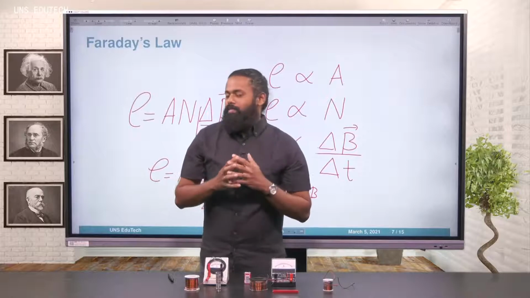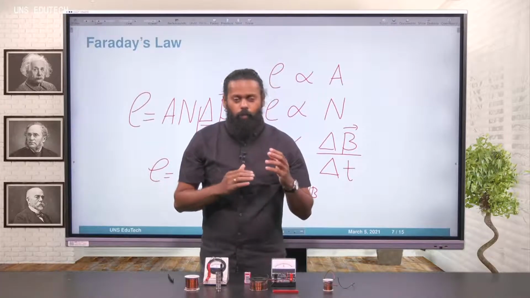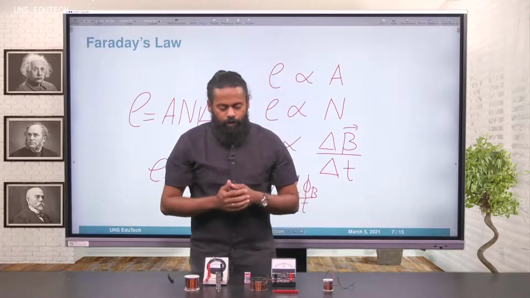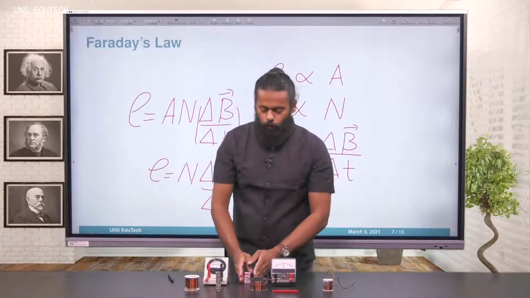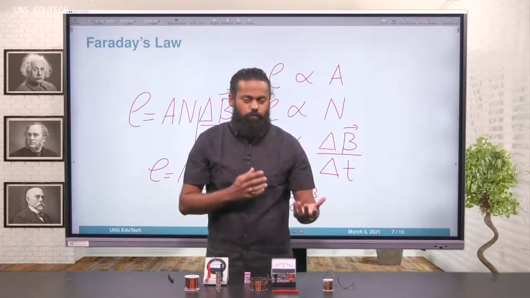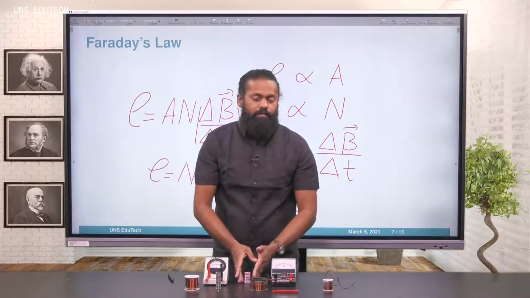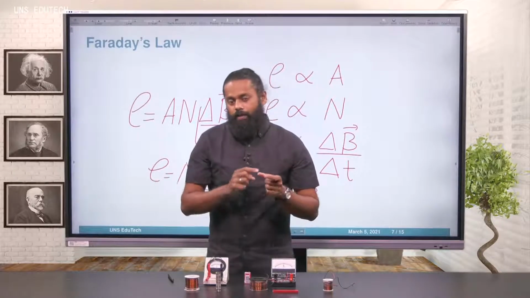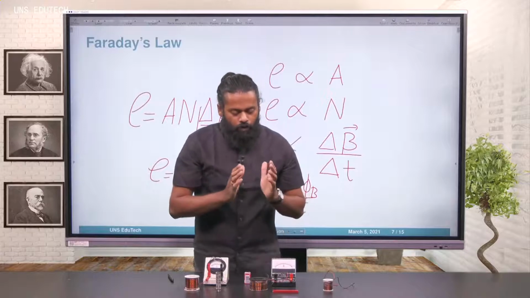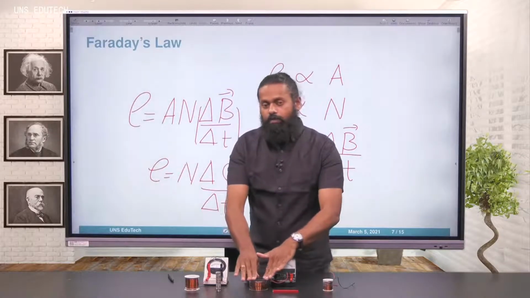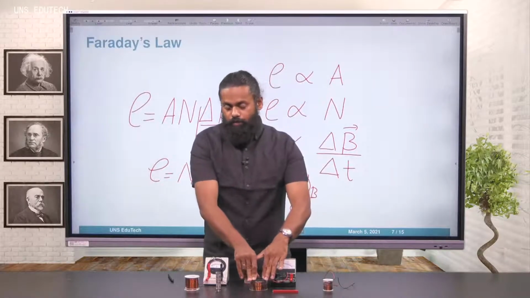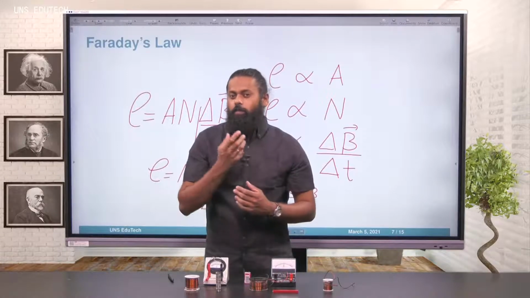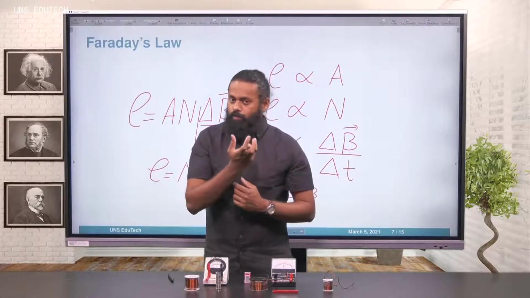In order to understand Lenz's law, you have to understand some more things. Previously you learned that a battery is a source of energy and can provide electrical current. If you connect a loop, current will flow through that circuit. Now here you have to understand the generator. Even though we call it a generator, it is actually not a source of energy.